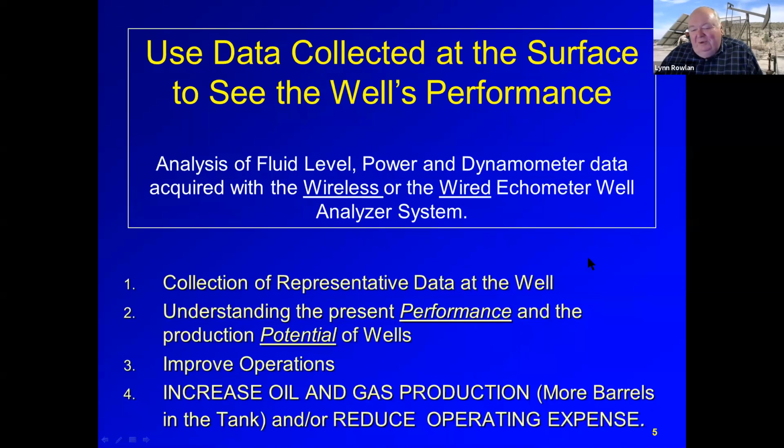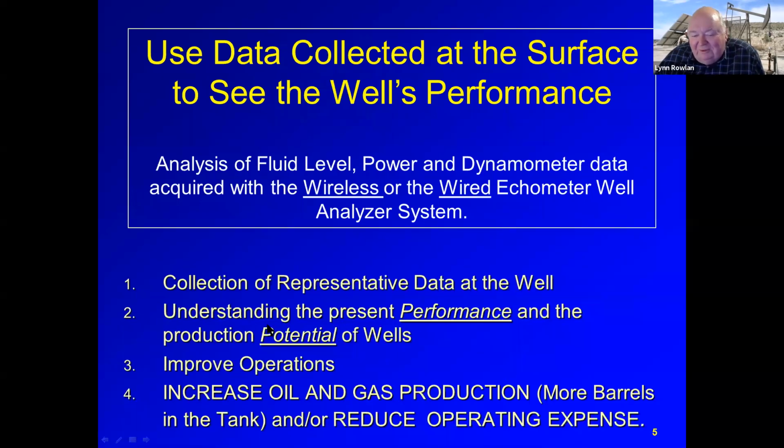And we want to make sure that we collect the data that's representative of the conditions of the well. So sometimes you connect equipment to the well, and you may turn the well off for a minute. So you need to get the well turned back on and restabilized so that the data you collect is representative of the normal operation of the well, and not data that just shows that the pump is full because you had it down for a period of time to hook your equipment up.